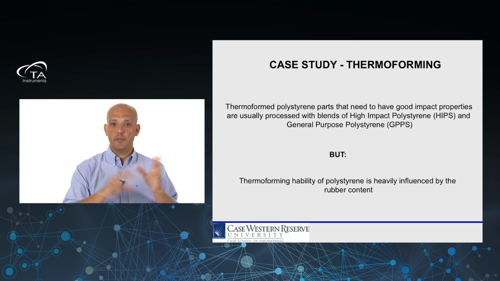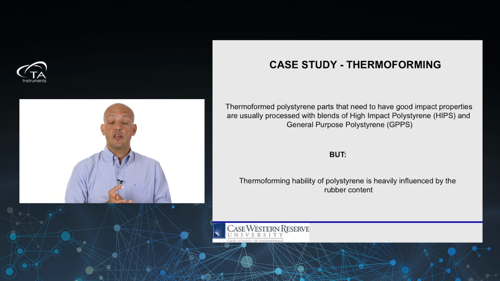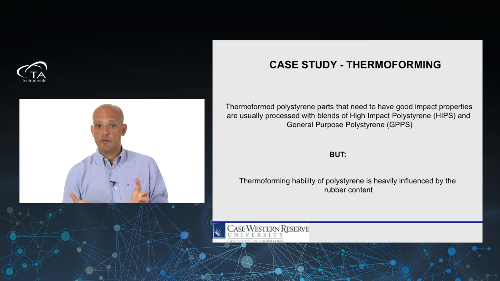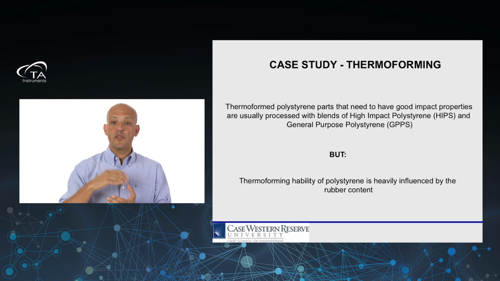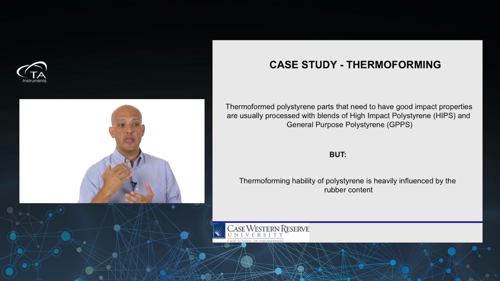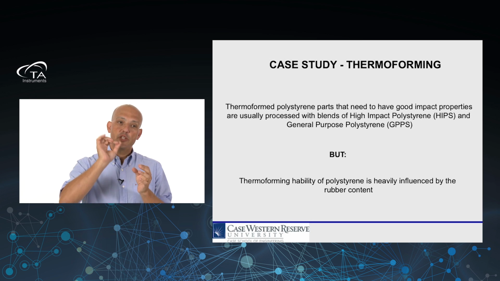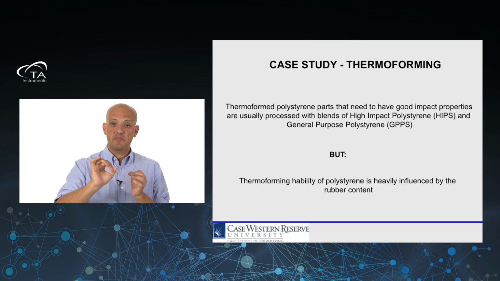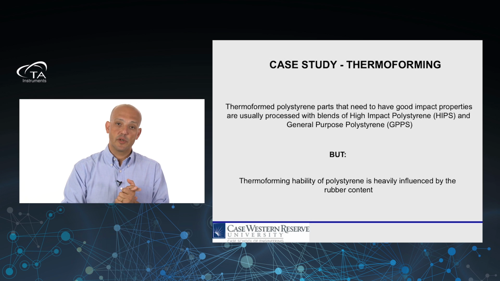So it's horrible. So what happens? How can we correct for that? Well, we normally process that material with what's called a high impact polystyrene, which is essentially a polystyrene to which we graft a rubber phase, typically 6 to 10% of a rubber domain, during the polymerization process.